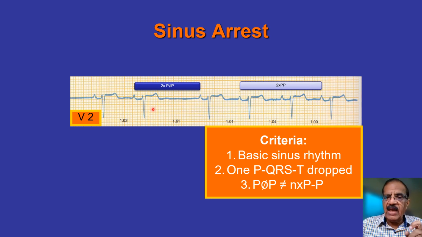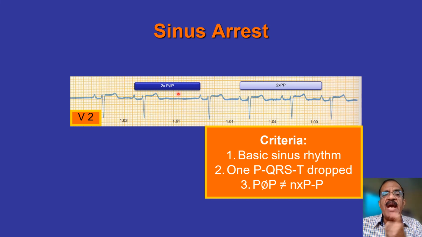Because in this case, the sinus node actually stopped functioning. There was no electrical activity within the SA node. Something happened and the SA node just didn't depolarize, didn't produce current. But it resumed. It does not have to resume exactly when the next P wave or next depolarization was due.